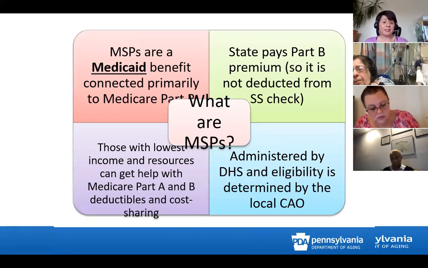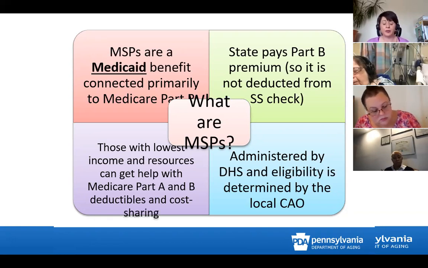So the Medicare savings programs are administered by the Department of Human Services with the eligibility determined by the county assistance office. The Medicare savings programs are a Medicaid benefit that's associated primarily with Medicare Part B. So if an individual qualifies for the benefit, the state will pay their Medicare Part B premium, and it will no longer be deducted from that individual's Social Security check.